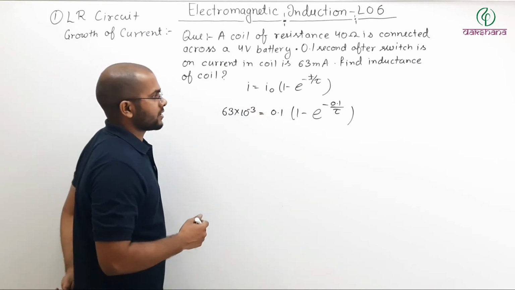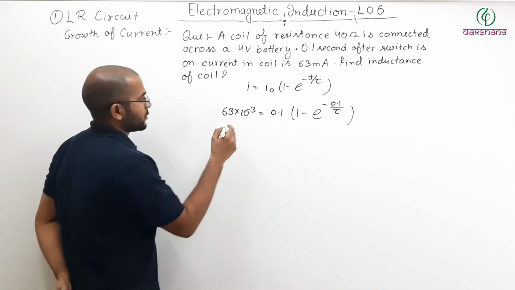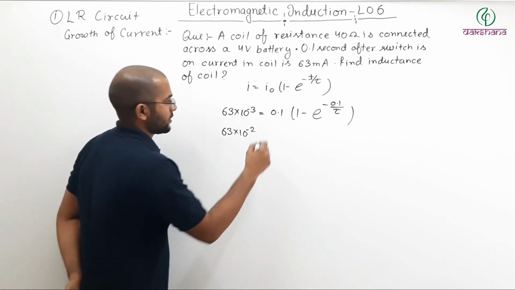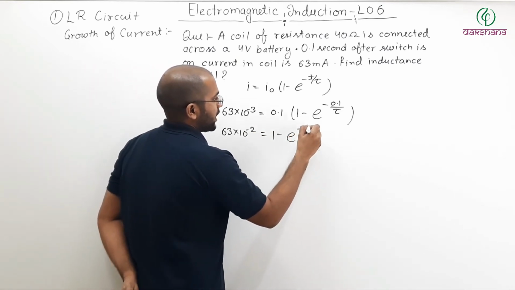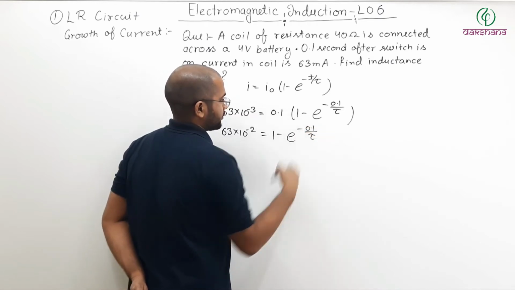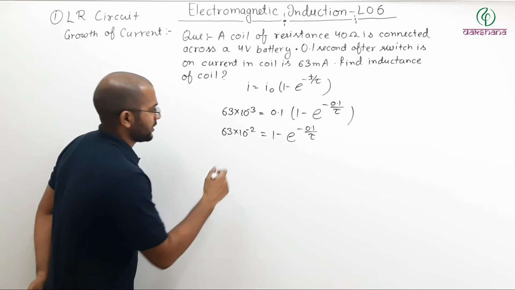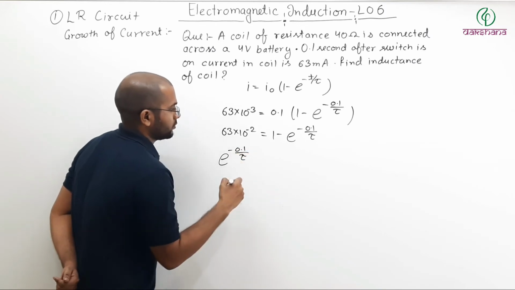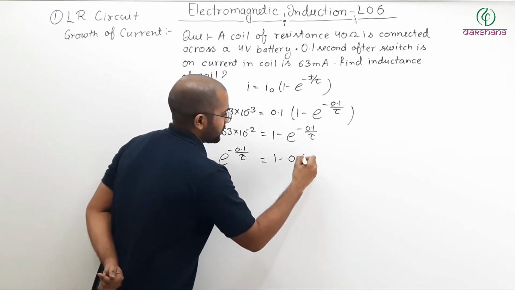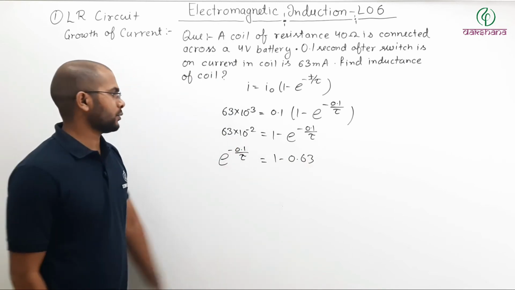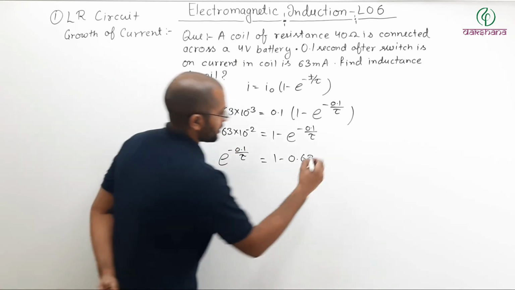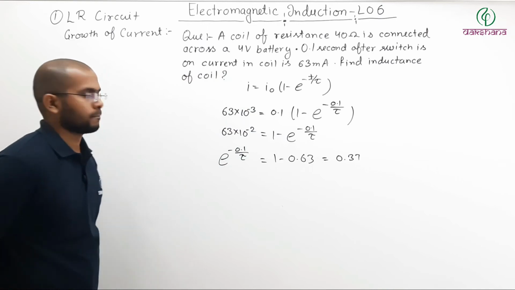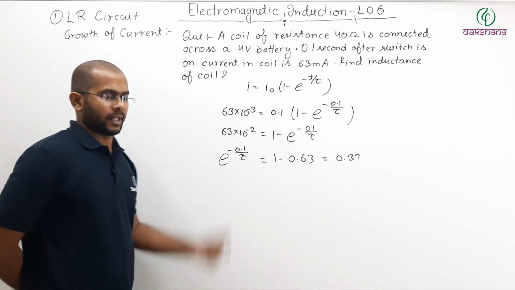Now let us rearrange this. Dividing by 0.1, this can be written as 63 into 10 to the power minus 2 equals 1 minus e to the power minus 0.1 divided by tau. Let us rearrange a little bit more. So e to the power minus 0.1 by tau will be equal to 1 minus 0.63. 63 into 10 to the power minus 2 is nothing but 0.63, so this is 0.37. Let us take log base e on both sides.